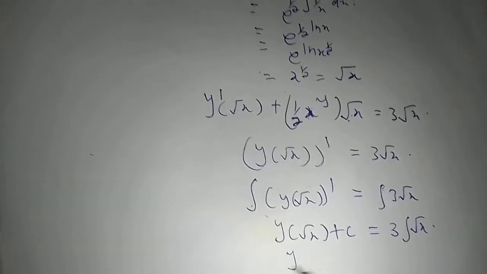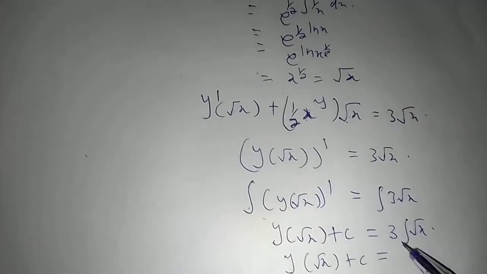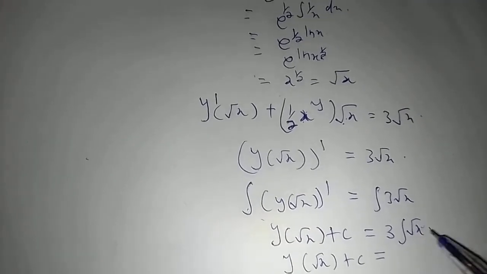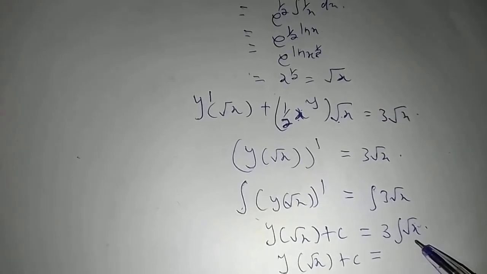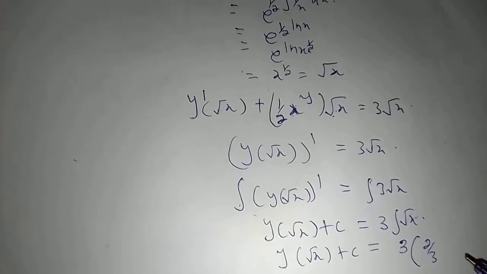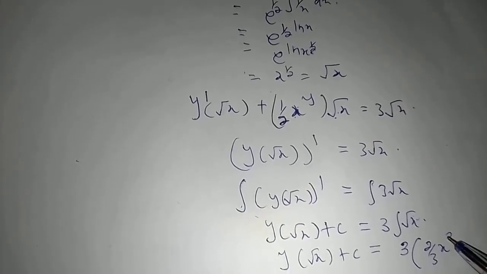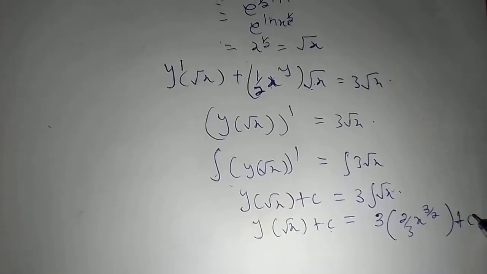If you have x to the power half, you are going to get add 1, which becomes 3 over 2. So we'll be left with 3 multiplying 2 over 3 x to the power 3 over 2 as our solution plus c. Then this plus c will add up to this plus c.